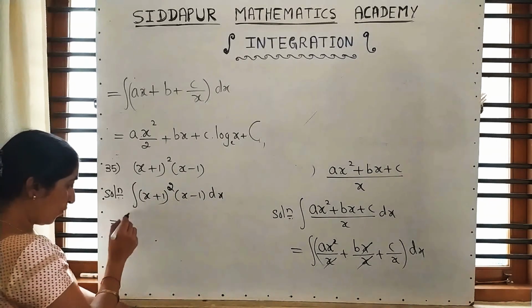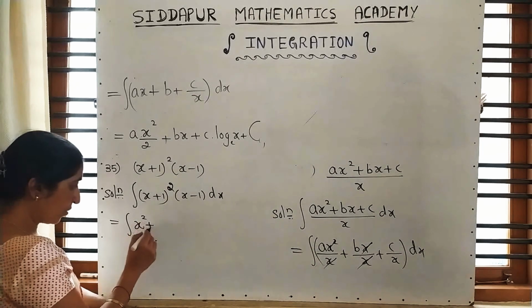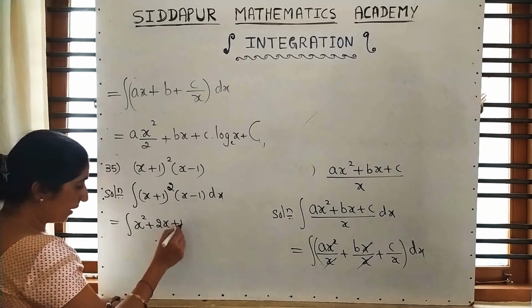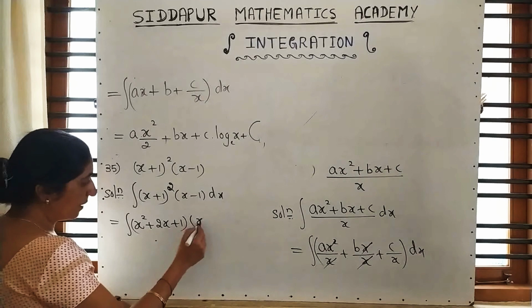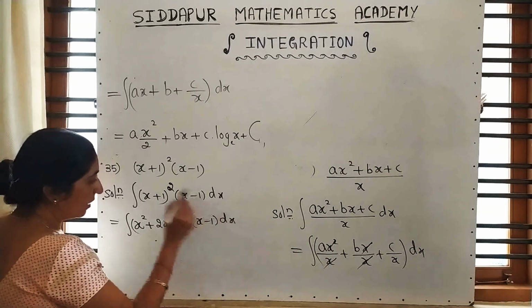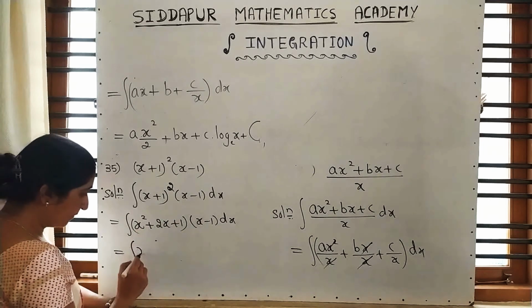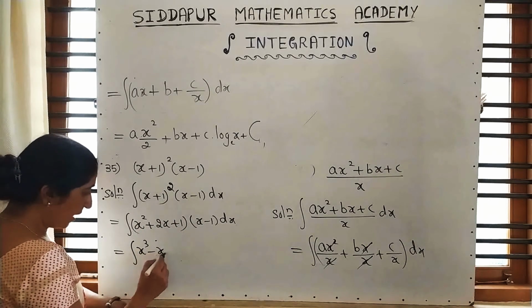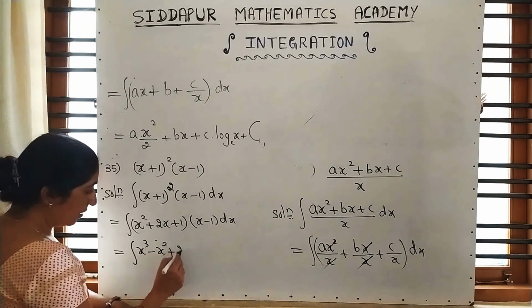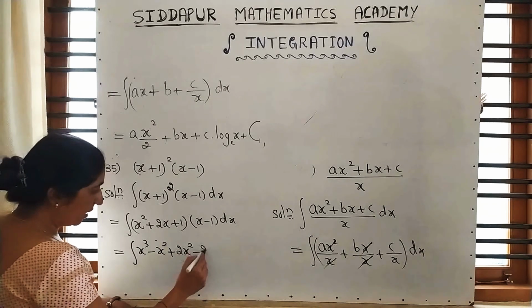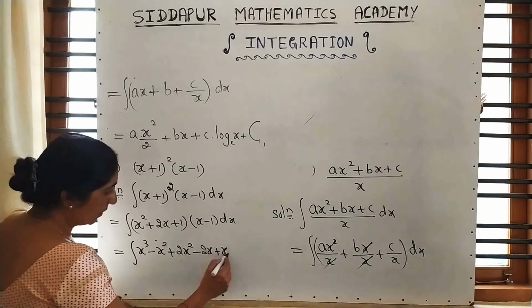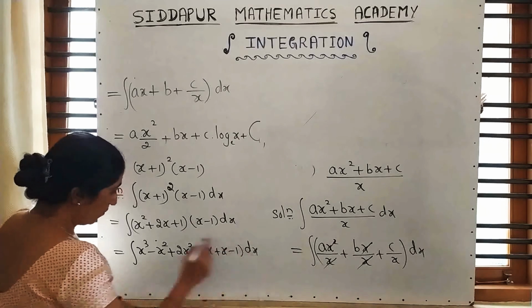It is in the form of a plus b whole square: a square plus 2ab plus b square. Then multiplication is left with you. Multiply with that: x cube minus x square plus 2x square minus 2x plus x minus 1.